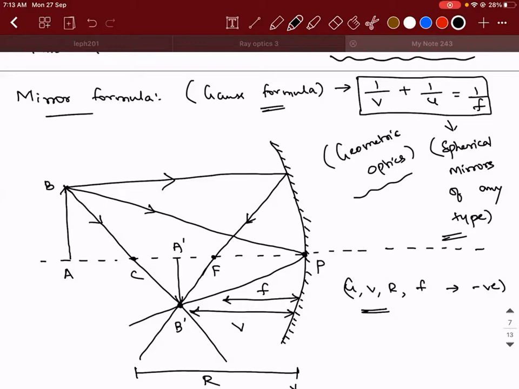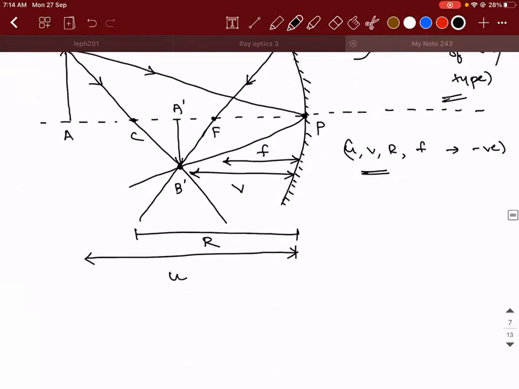In the derivation process, you will get 1 by minus V plus 1 by minus U is equal to 1 by F. In some cases, you will get 1 by V plus 1 by minus U is equal to minus 1 by F, something like that. Things will change, but ultimately, when you apply the sign convention process right, you will still get the same answer.